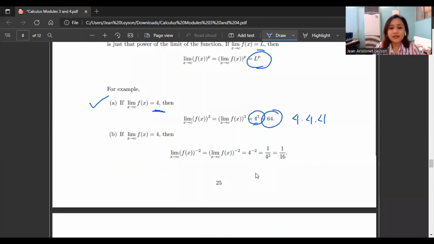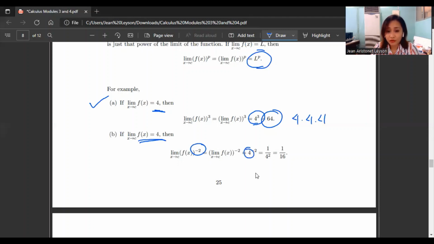Letter B, second example. So still the same limit. Here, the exponent or the power is negative 2. Now, if you can still remember, if the exponent is negative, you will get the reciprocal of your base. Our base here is 4.